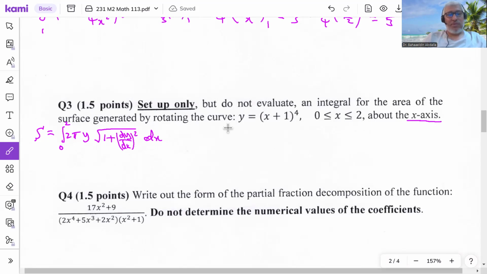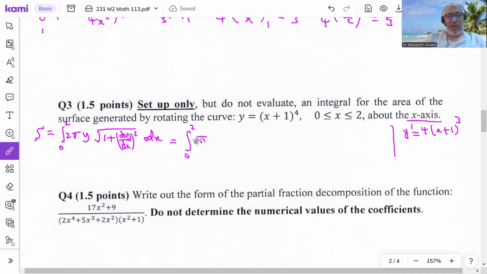So let us find y prime. y prime would be 4 times (x plus 1) to the power 3 times the derivative of x plus 1, which is 1. So the formula would be from 0 to 2 of 2 pi. Now y has to change because I have dx, so I have to write it in terms of x.